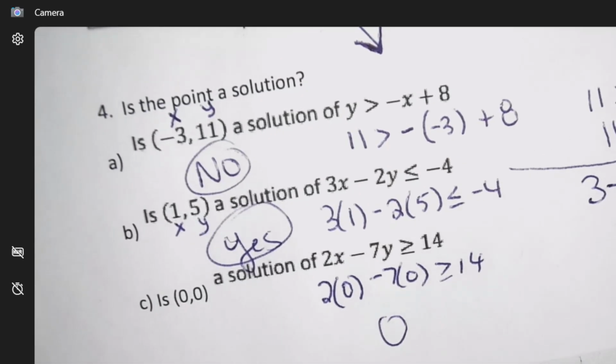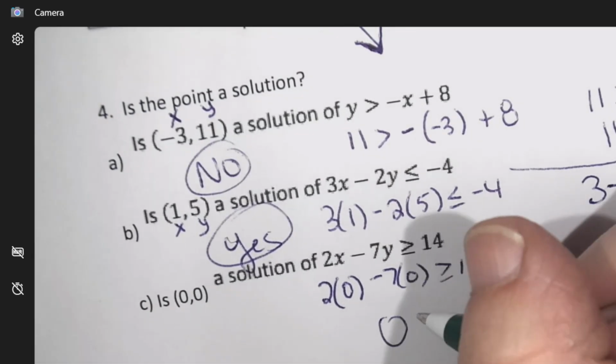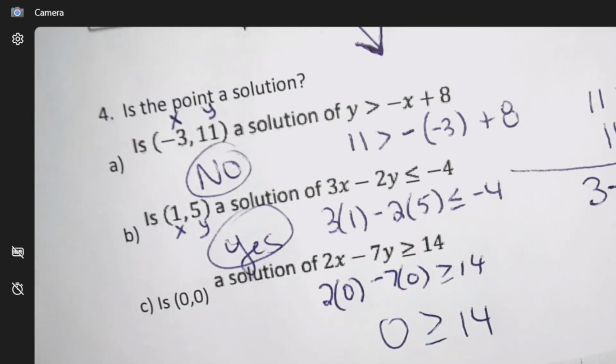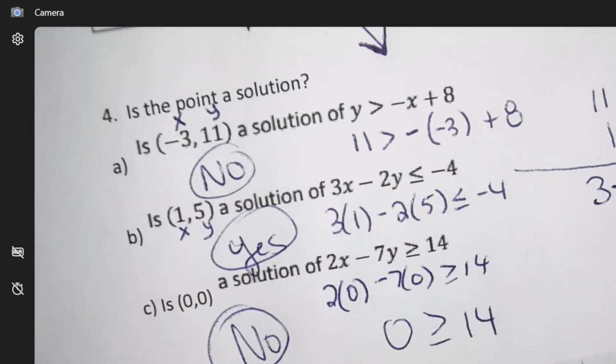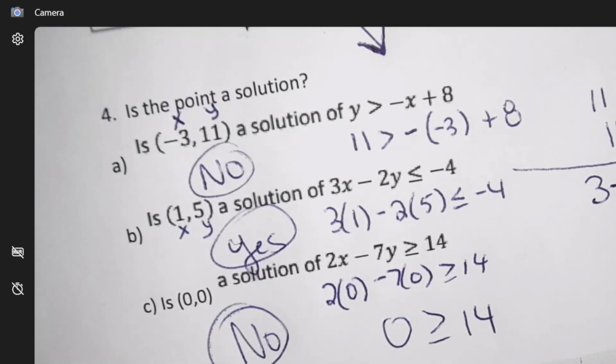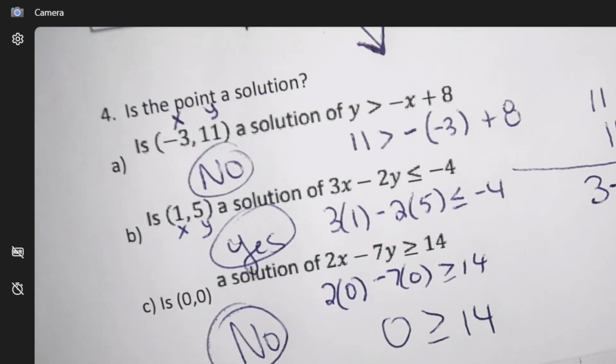That actually all comes to 0. And what do you think about that? Is 0 greater than or equal to 14? No. Okay, so that's exactly how you'll do it on the test. Do the plugins, do the math, answer me a yes or a no.